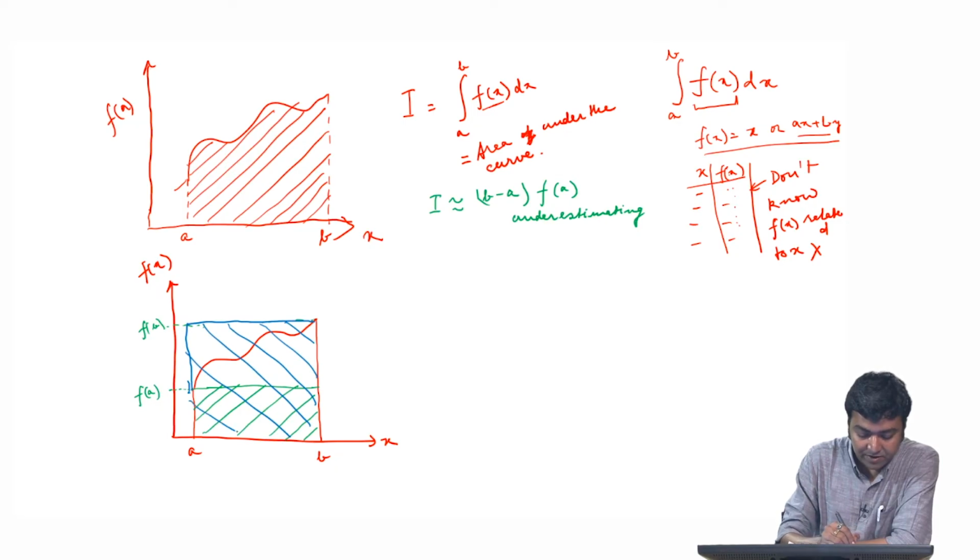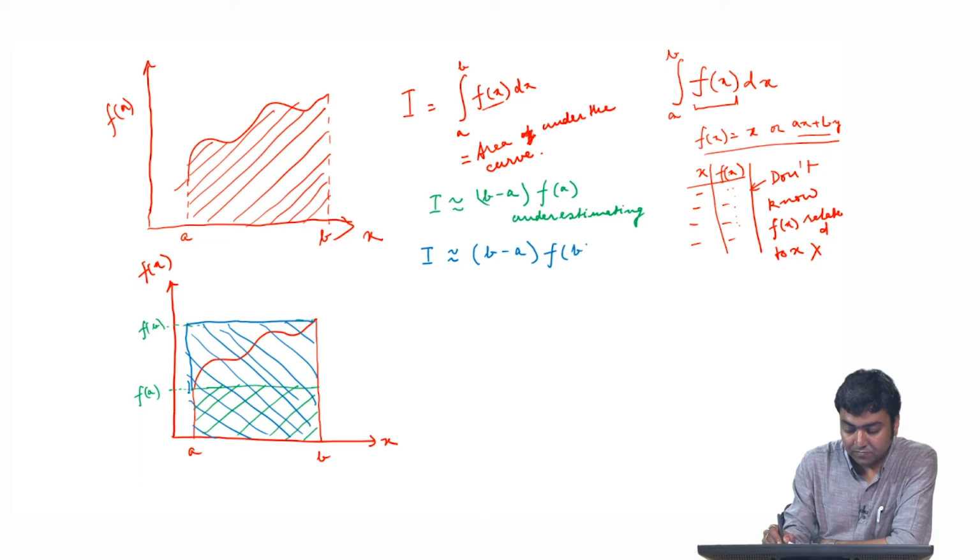This is my new estimate of the area under the curve, which is again approximately (b minus a) times f(b).